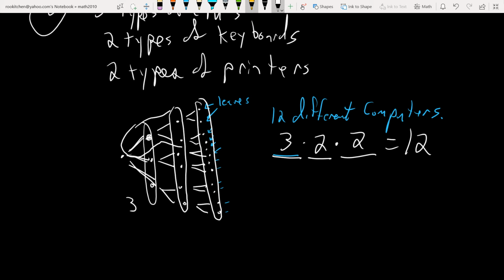At each point, you're just looking at one individual point, right? Firstly, there's 3 branches coming off, and then take one individual point here, and there are two branches coming off. Then take one individual point here, and there are two branches coming off. So 3 times 2 times 2. Hopefully that makes some sense.